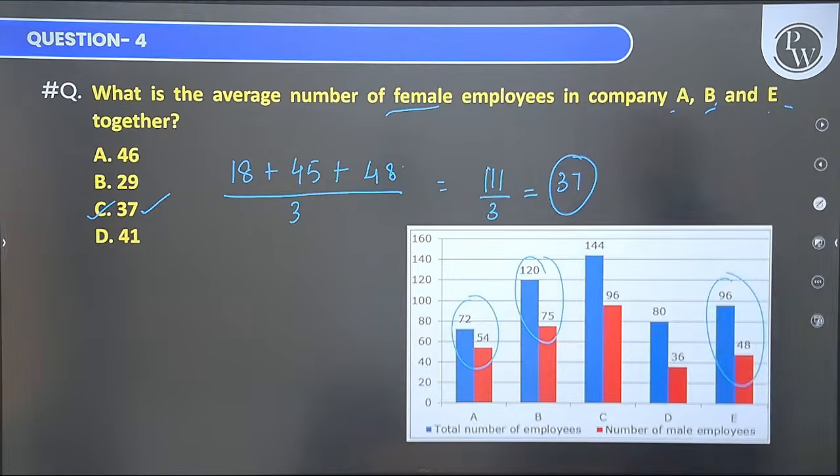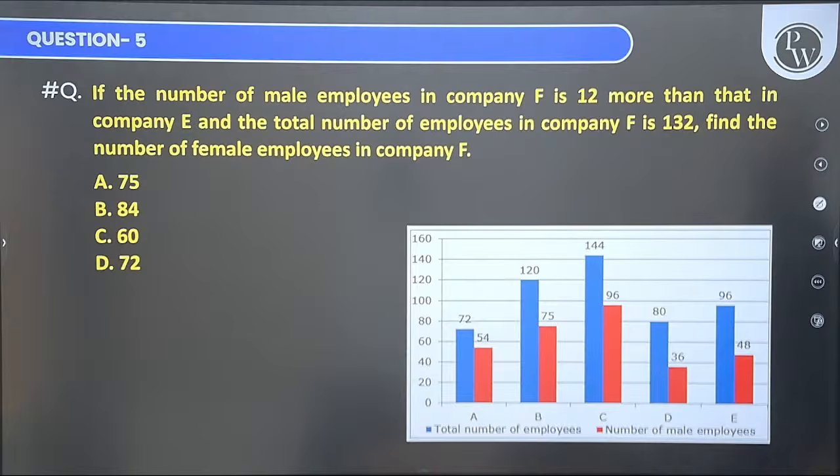Okay, quickly moving on to the next one. Now you might take some extra time in solving this one.